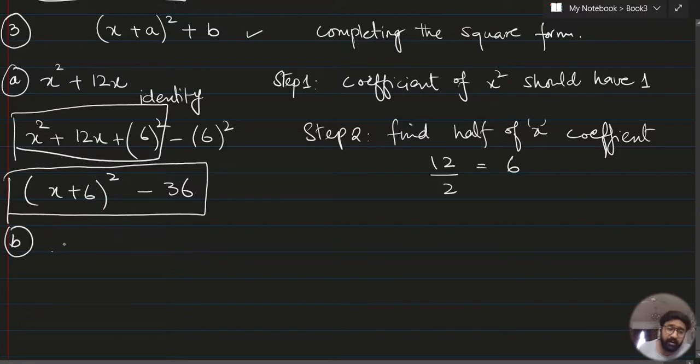For the B part, it is x square minus 6x plus 1. You are going to do the same steps again over here.